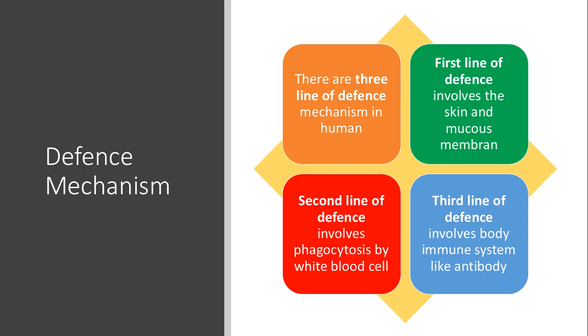Okay, if these lines of defense did not manage to stop the pathogen from entering our system, we will have our second line of defense. Second line of defense ni involves a process called phagocytosis. This phagocytosis is carried out by a certain type of white blood cell. We will look more onto that later. Okay, and then the last one, the third line of defense, involves the body immune system like antibody. Okay, ingat tau, first line apa, second line apa, and then third line apa.